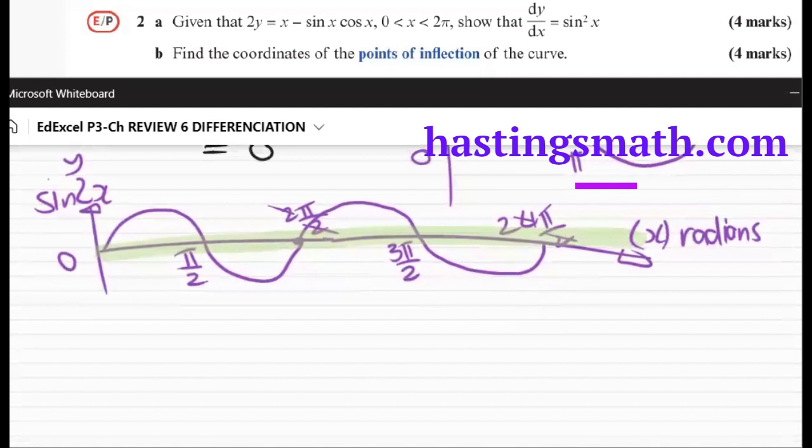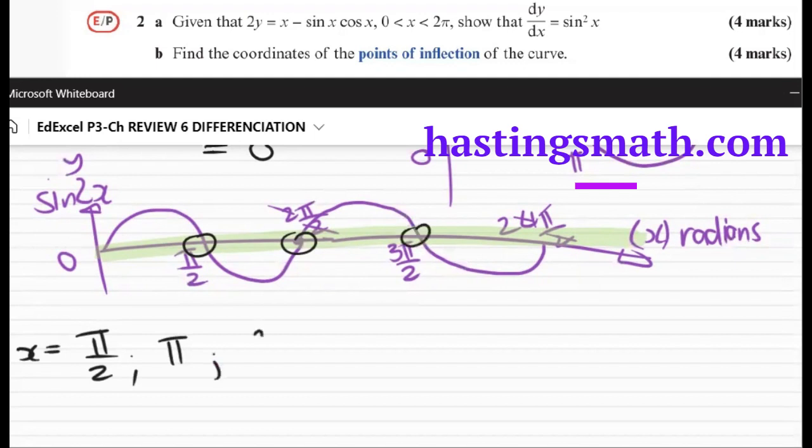So we have pi over 2 as an option. We have pi. We have 3 pi over 2. And we have 2 pi. Okay, so we did this visually.